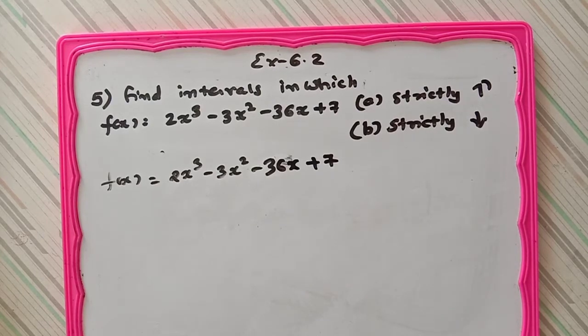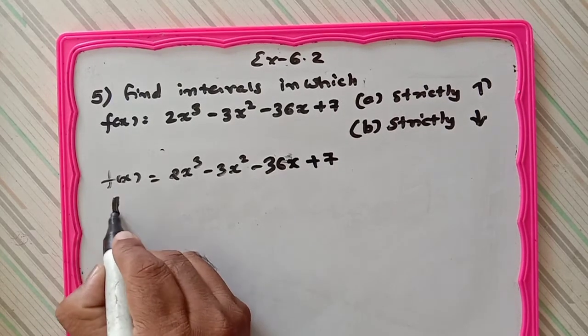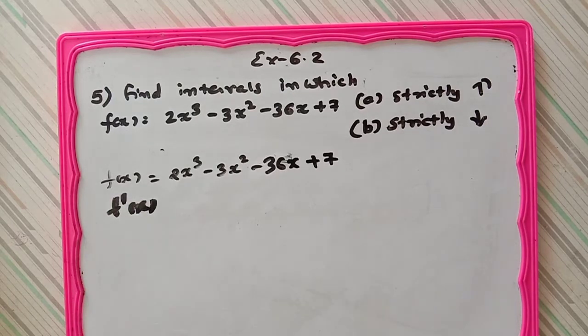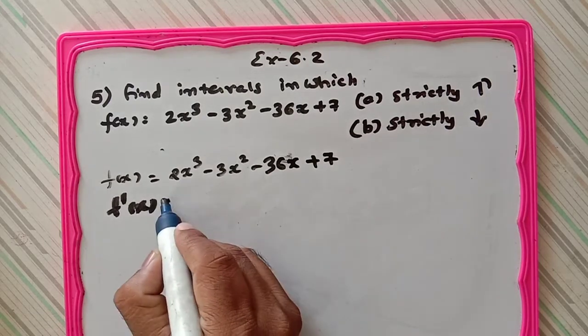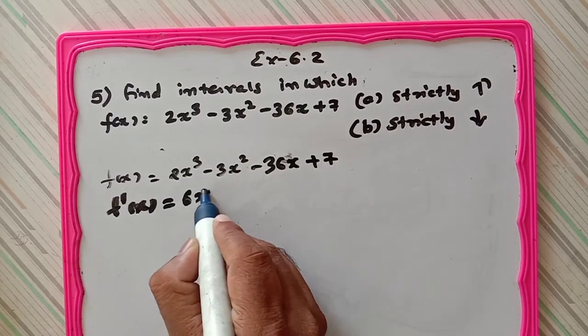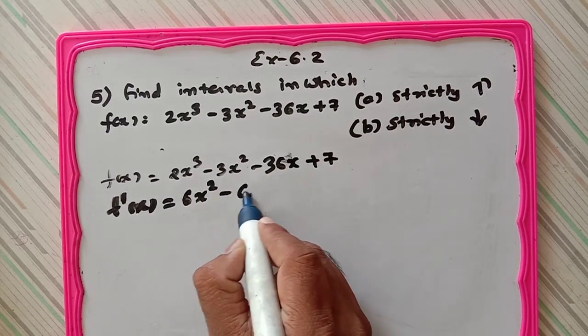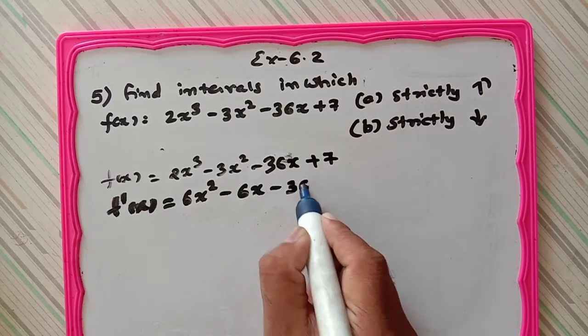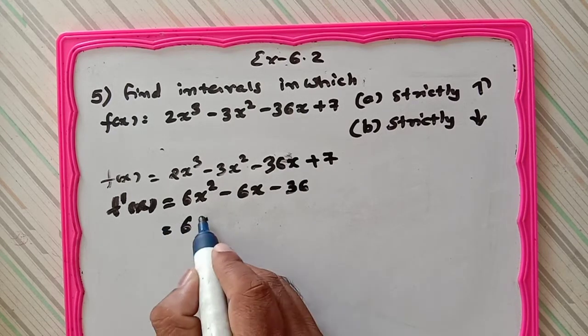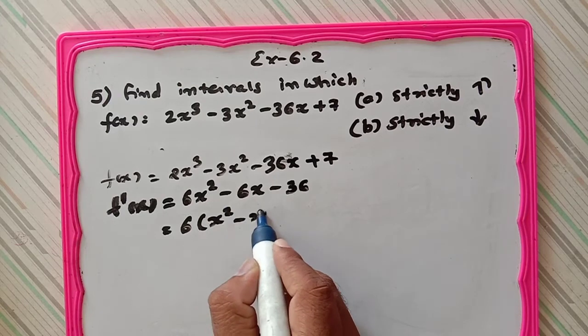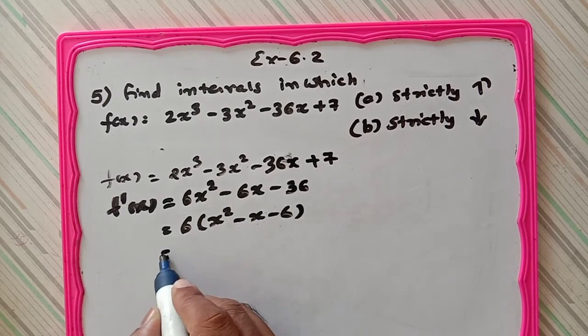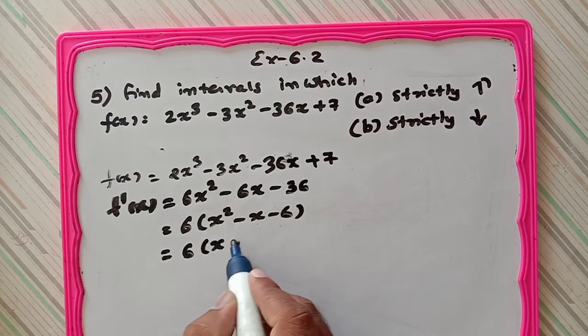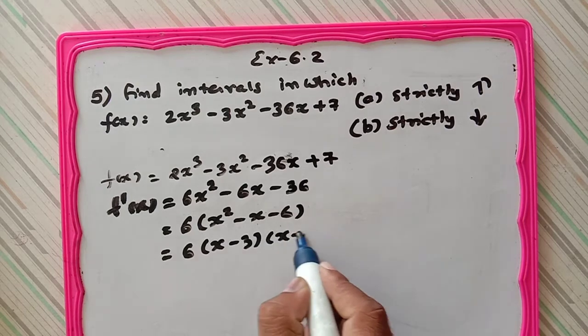So we differentiate with respect to x, then f'(x) we will write is 6x² - 6x - 36. So 6 we take out common, then x² - x - 6, and so (x - 3)(x + 2) are the factors.